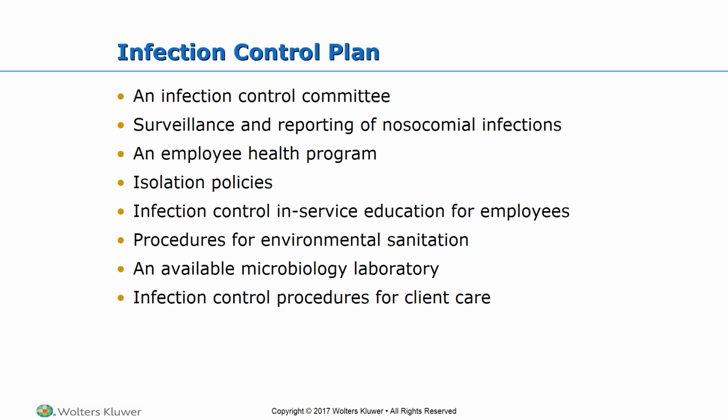Right? These are all parts of a good infection control plan. Isolation policies, infection control education for employees, and not just done at the time of hiring, but frequent, at least yearly.